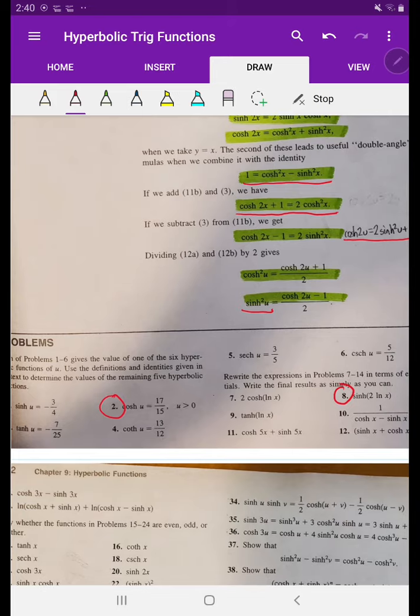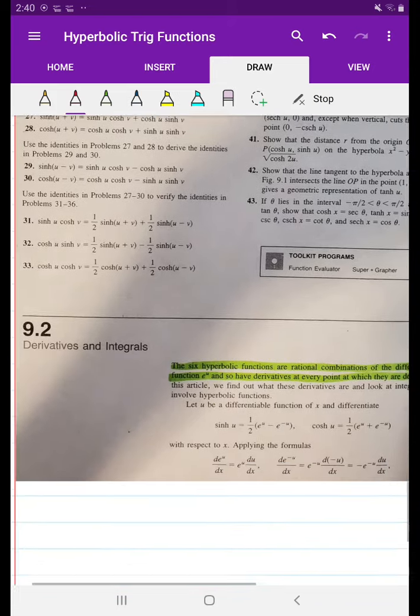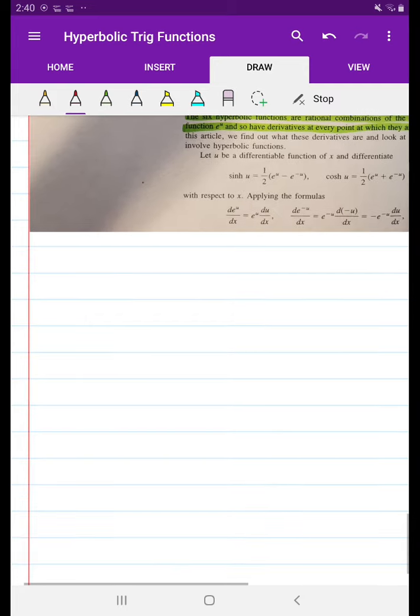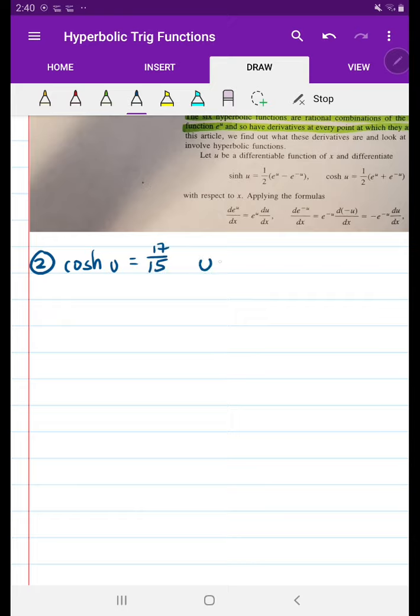So let's see, if we scroll down here, for number 2, we are given that cosh u is 17 over 15 and u is positive.